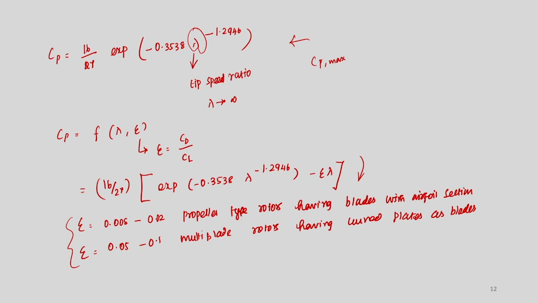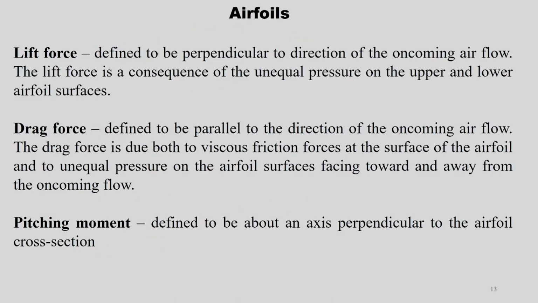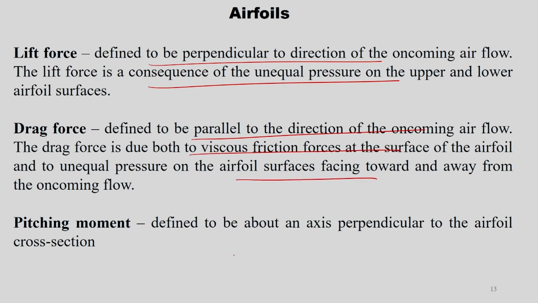So, now we will slowly see certain definitions. This I already told you when I was explaining the lift coefficient, what is lift force. Drag force also I defined, right, when I was explaining the drag coefficient. And what is this pitching moment? Pitching moment is defined to be about an axis perpendicular to the airfoil section, right.